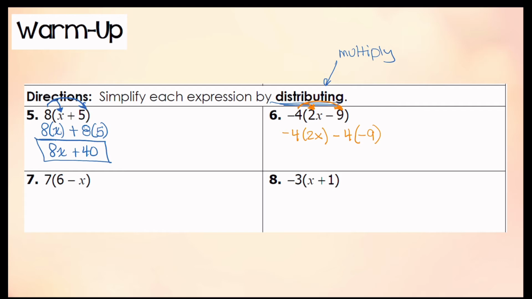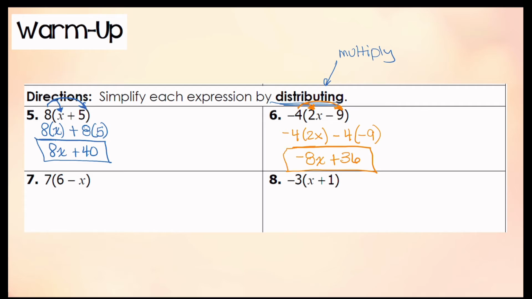When I have -4 times 2, so I'm doing this one first, ladies and gentlemen, -4 times 2x. I'm just multiplying the numbers. Gives me -8x. But here I have a -4 times a -9. It ends up becoming a positive 36. And that is how it needs to be written.